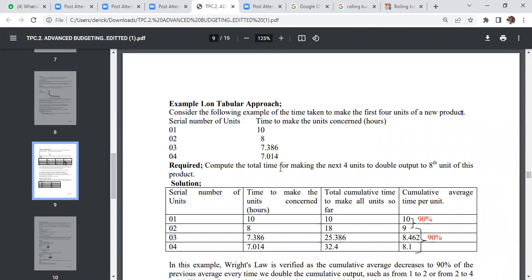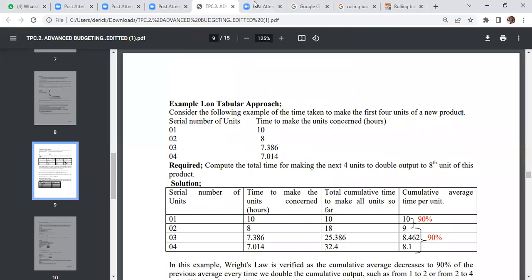Compute the total time taken for making the next 4 units to double output to 8th unit of this product. Okay, what's important to emphasize is they said next 4. So the next 4 is not the entire 8, it's just the addition.